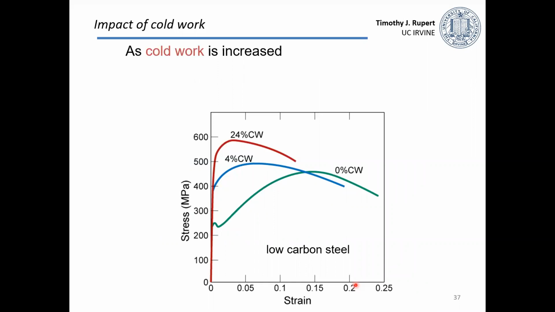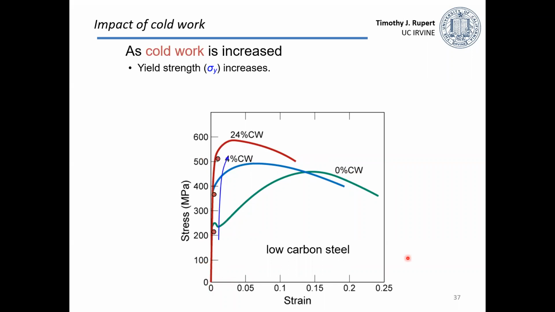So as we cold work our material or deform it more and more, we'll add dislocations. We can change the mechanical properties of our material. This is showing a low carbon steel, and these are stress strain curves for something which has not been cold worked at all, so 0% cold work, and then cold worked 4% and 24%. And you can start to see some trends.